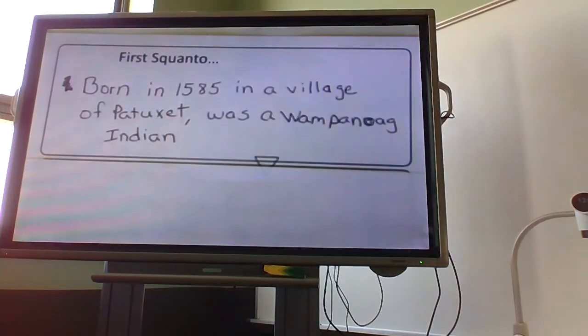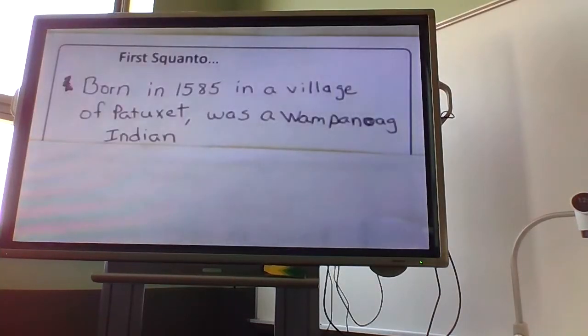He was a Wampanoag Indian. So that would be what we could write first: where he was born, in that village, in 1585.